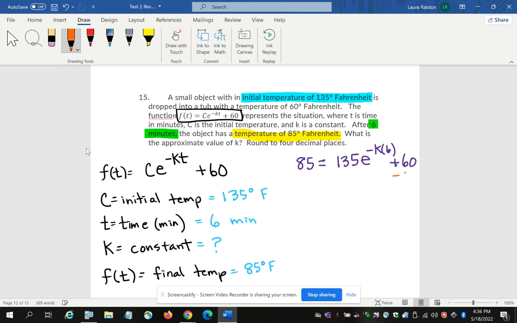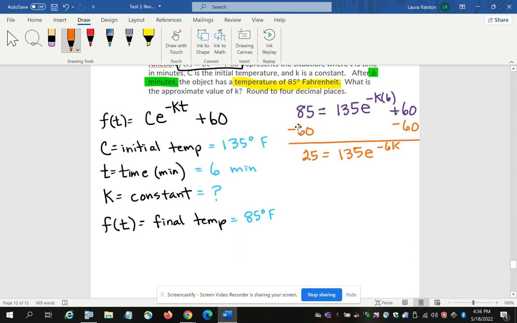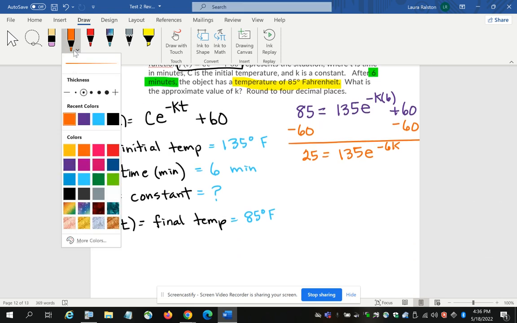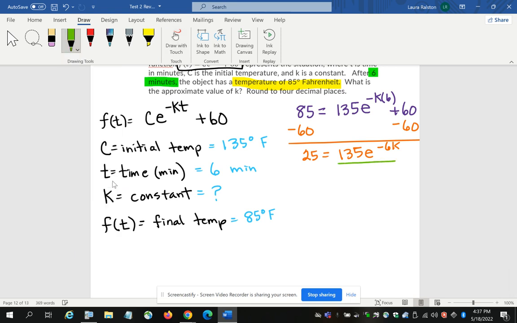So I'm going to try to isolate the k. I'm going to subtract 60 from either side, which gives me 25 equals 135 e to the negative 6k. Again, I'm trying to get the k by itself, so I'm going to divide by 135.